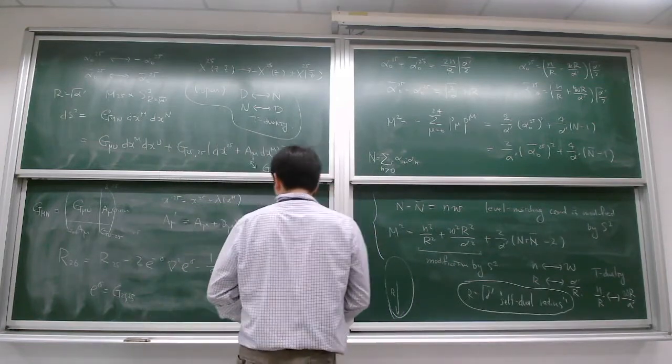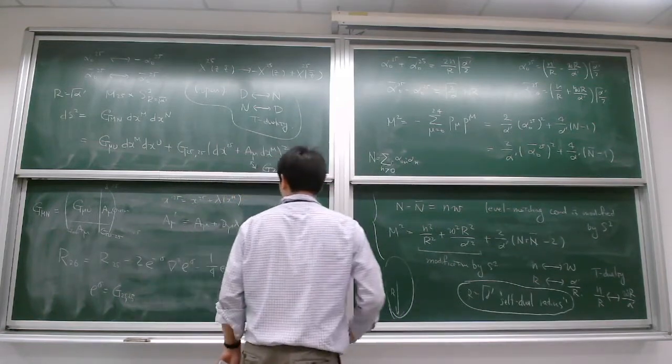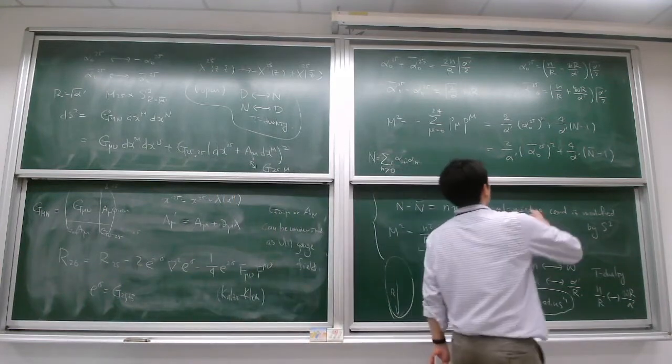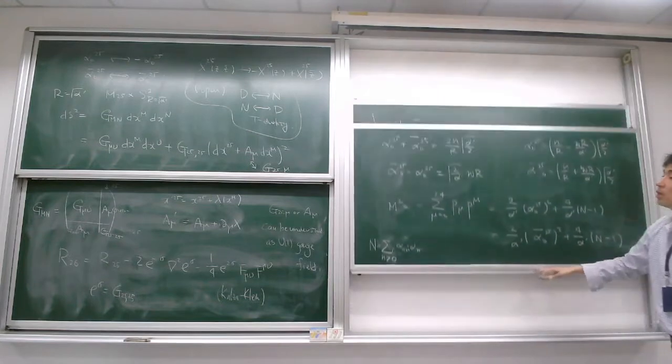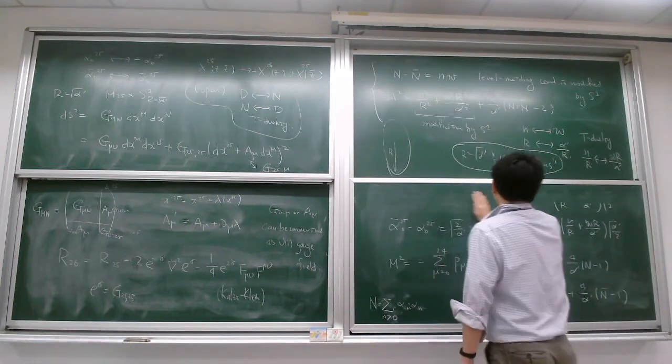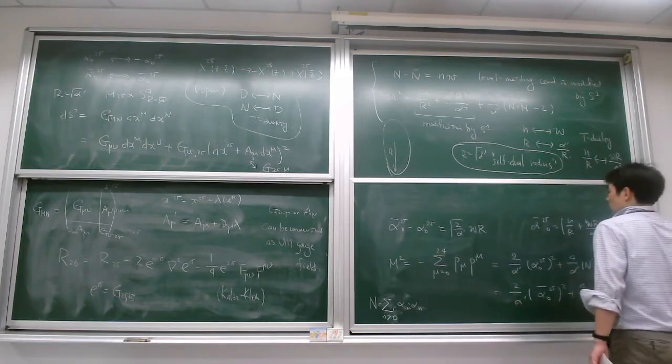And then let's look at that. If you have a massless field, and these are massless fields as you can easily see, if you look at the massless field in string theory, you have the state-operator correspondence, so you can find a corresponding vertex operator.